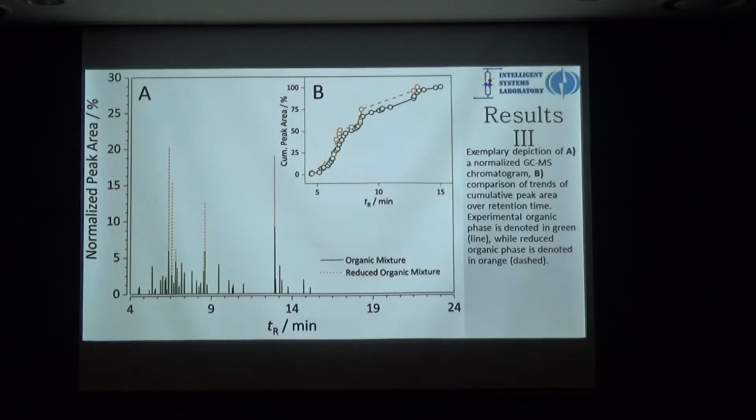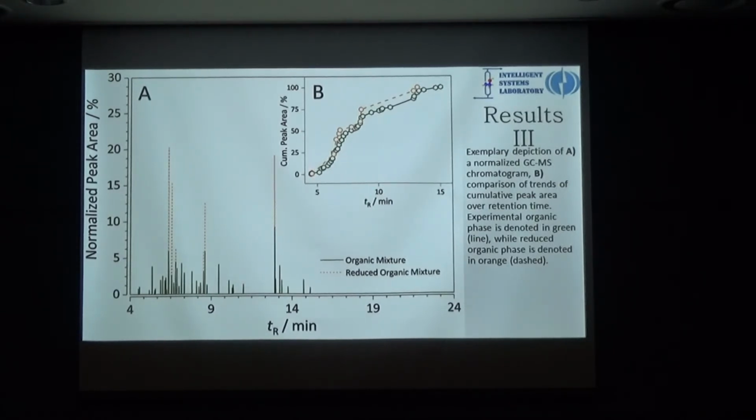Now, to better represent this graphically, this is actually what is happening. If we plot normalized peak areas, which we have from our experimental data, against retention times, the green one is the actual organic mixture with n number of compounds and n values of normalized peak areas, whereas the orange dash line is the reduced mixture with fewer compounds but increased normalized peak areas, and the ratio of chemical groups remaining the same.